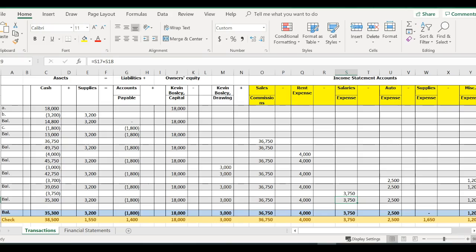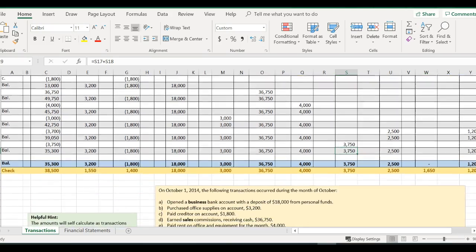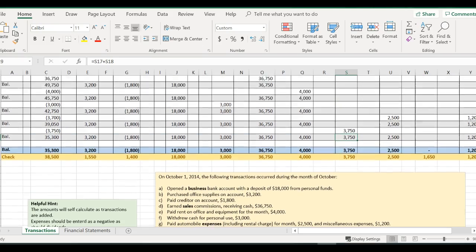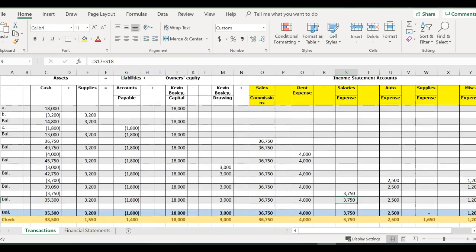Now, it looks like we're getting close to where we want to be. We have one more. And we determine the cost of expenses. This is the one that everybody just goes, oh, that hurts. So we have used up $1,550 of our supplies. And this comes to that accrual. So where's supplies?